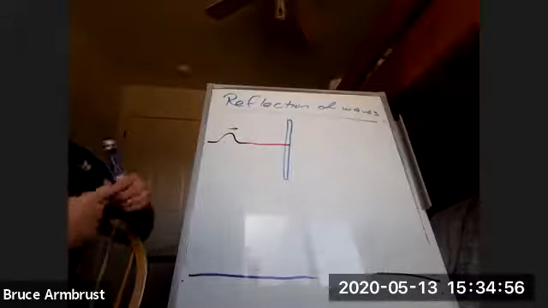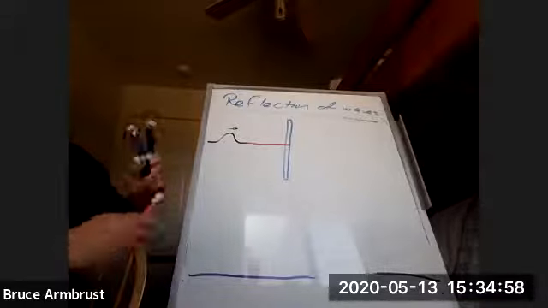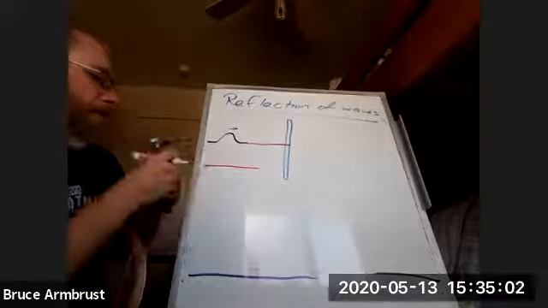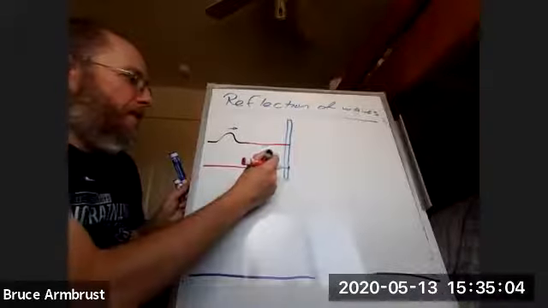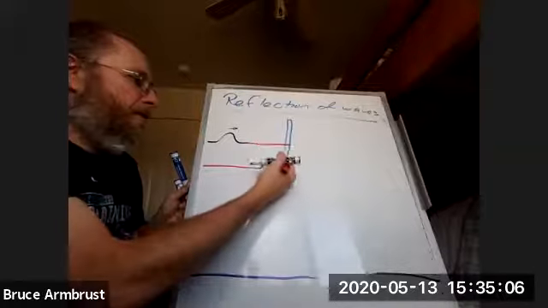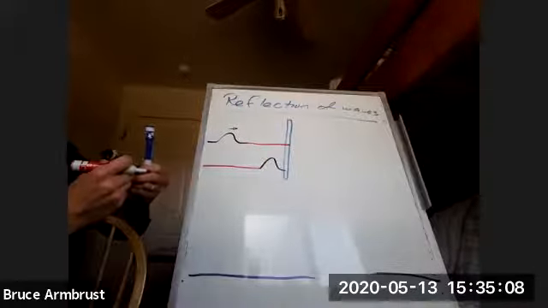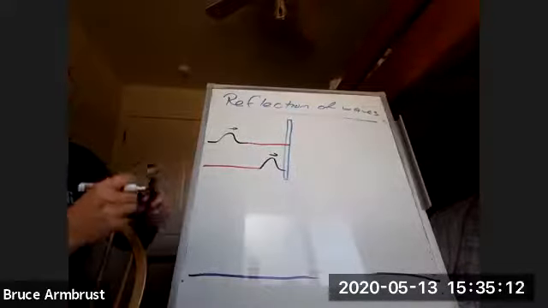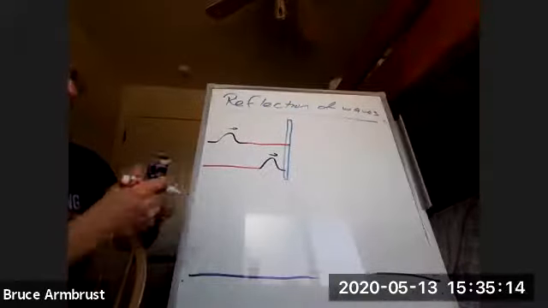All right, so a little bit later, that pulse is going to be closer to the end of this, right? So now it's just about there. And so the question is, what happens once it hits that post?